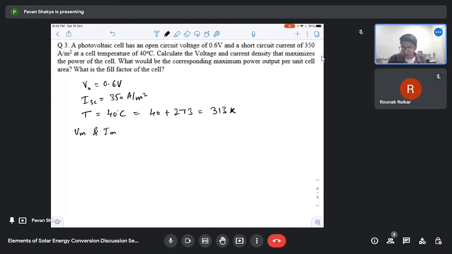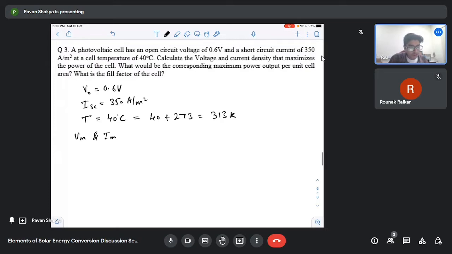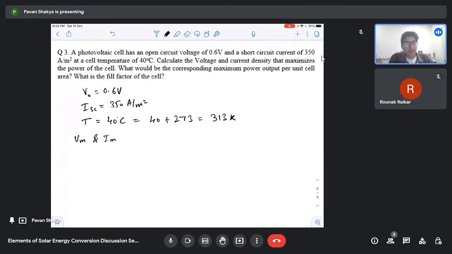Before going to that, in this problem, the short circuit current density is given. Basically, this will be ISC divided by the area of this PV cell.